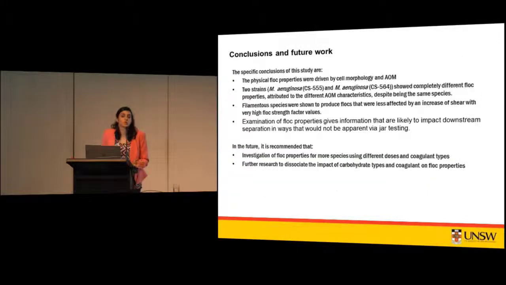The main conclusion was that different Microcystis strains can give different flock properties, and filamentous species were more driven by the morphology of the species in making the flock properties. In the future, it's recommended to go further. This one is on bench scale. What happens in the real world, when you have organic matter and different things in the water?